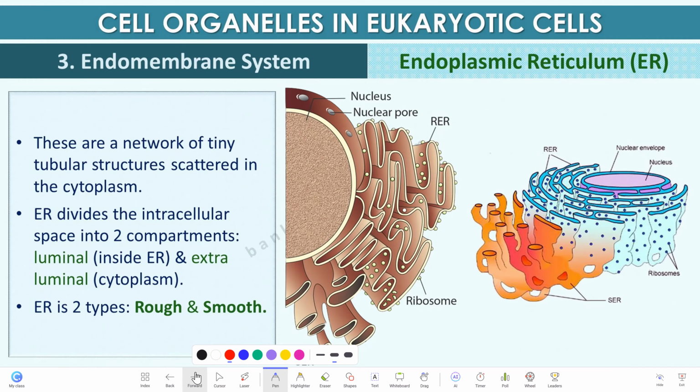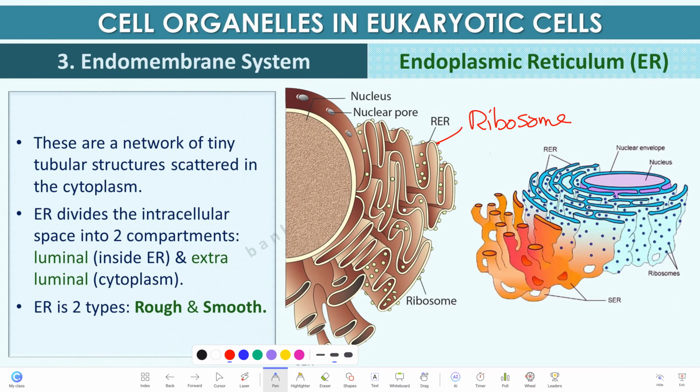Okay. This is the nucleus, and around the nucleus you find folded membranes. What is this? Endoplasmic reticulum. And on this endoplasmic reticulum you see ribosomes. What's the function of ribosomes? Protein synthesis.